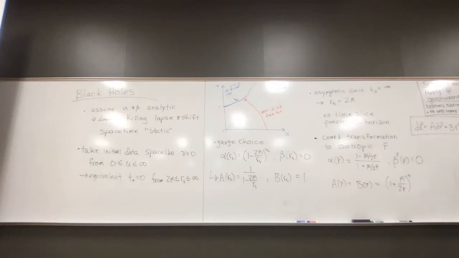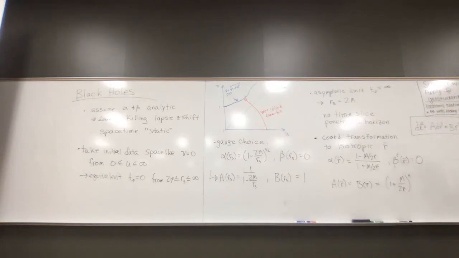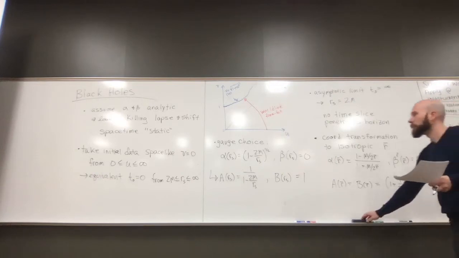We haven't changed the time slicing, only the spatial coordinates. But this is still not horizon penetrating. This still has a singularity at the horizon, where alpha goes to 0. I think it's just a little more apparent in those coordinates.